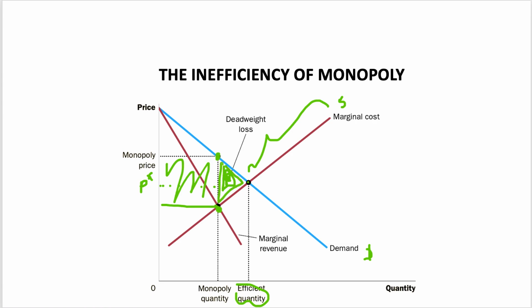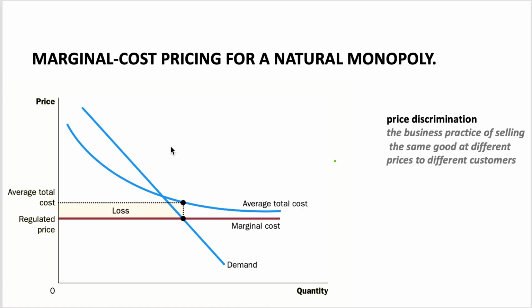The monopolist cannot sell this much quantity, because consumers are not willing to pay more. So this triangle goes to the deadweight loss, neither to the producer nor to the consumer. Okay, consumer surplus and producer surplus we will discuss in a later lecture.